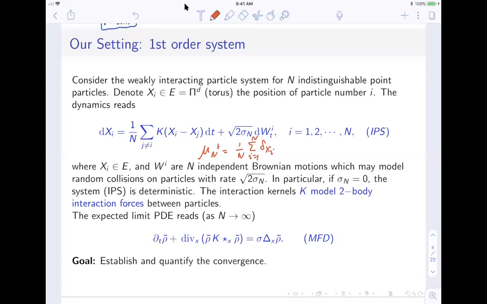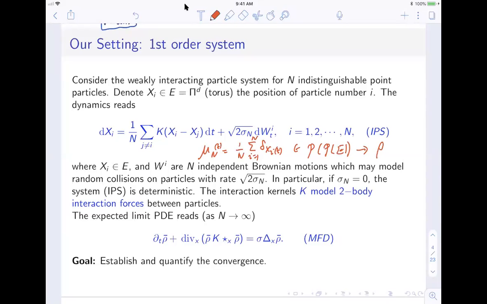So this is a random measure. If you send the number of particles n to infinity, we can recover a deterministic measure.